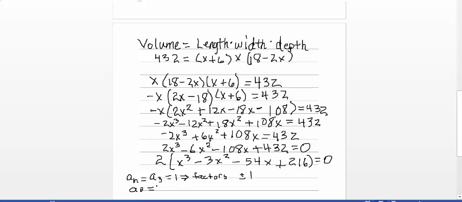The factors of 1 are plus or minus 1. Our constant is 216.